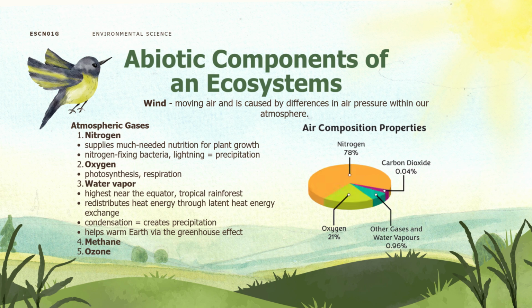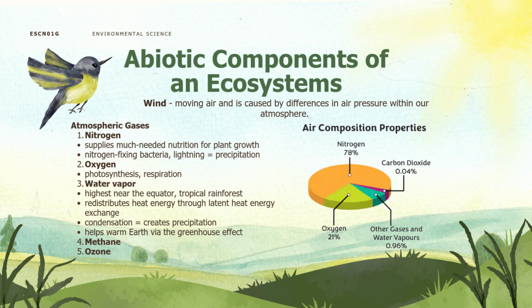So nitrogen supplies the much needed nutrition for plant growth. We also have nitrogen fixing bacteria that rely on nitrogen, and nitrogen in the atmosphere is actually fixed. We're going to talk about the nitrogen cycle in a short while, but part of it is actually nitrogen fixation, which happens whenever lightning strikes.